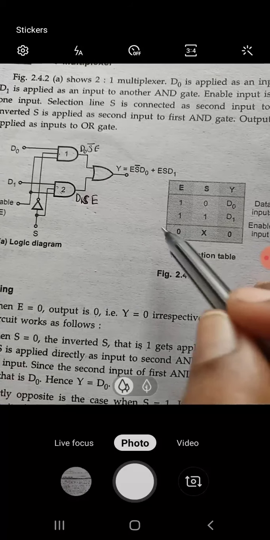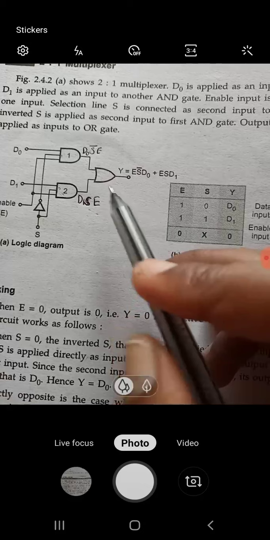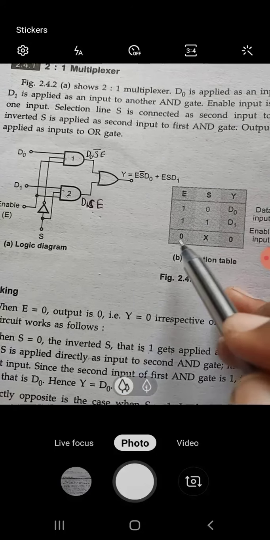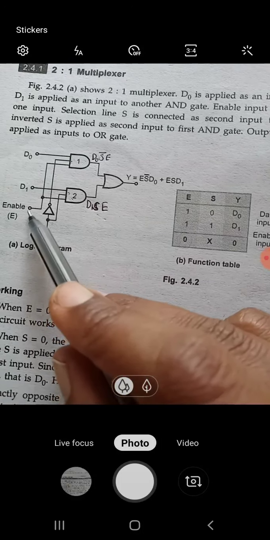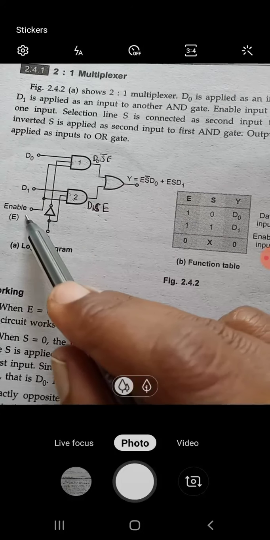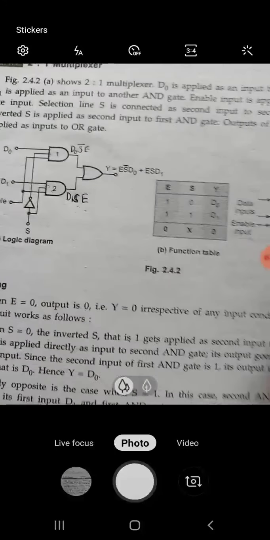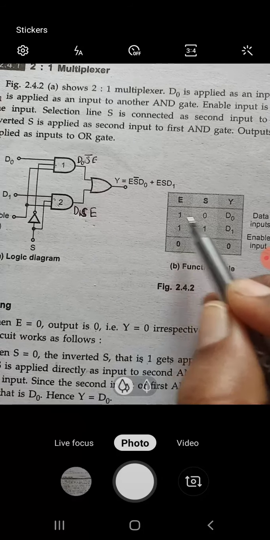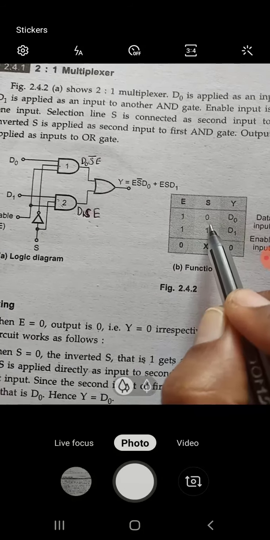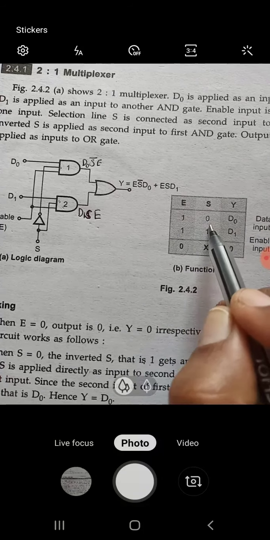So this output is enabled only when the enable input is 1. See now, in the first case, E is 1, S is equal to 0.